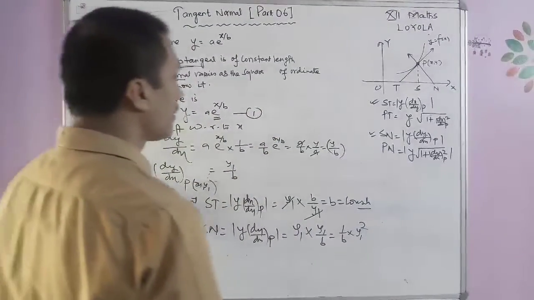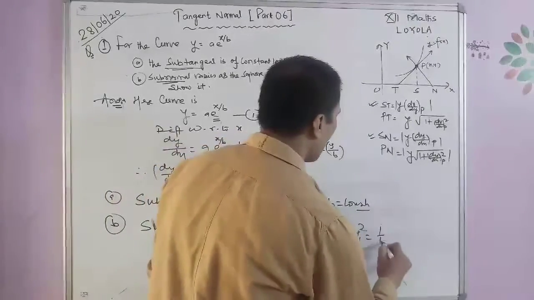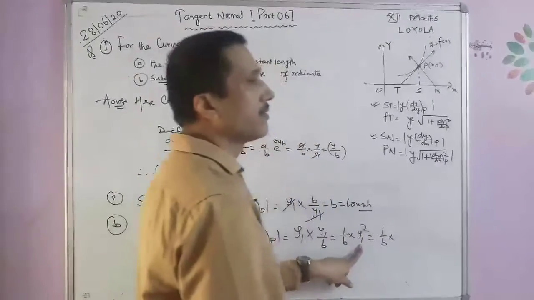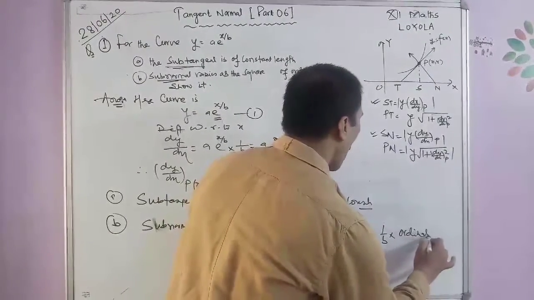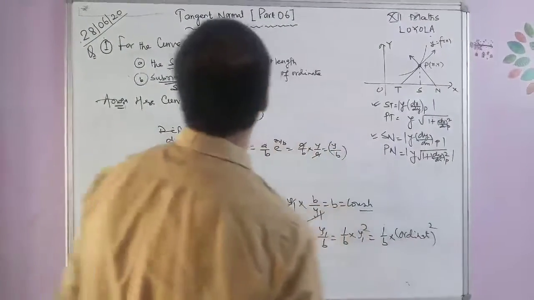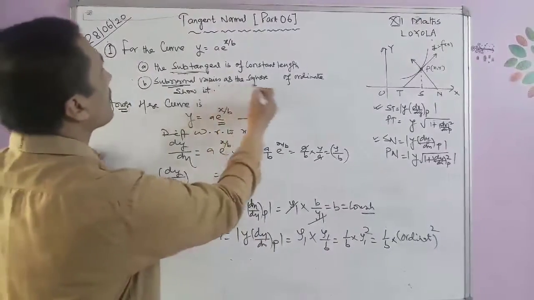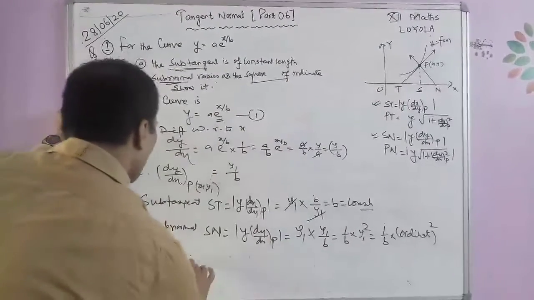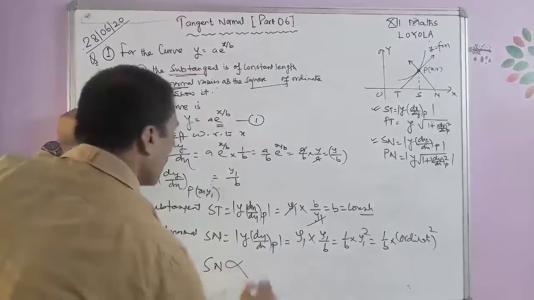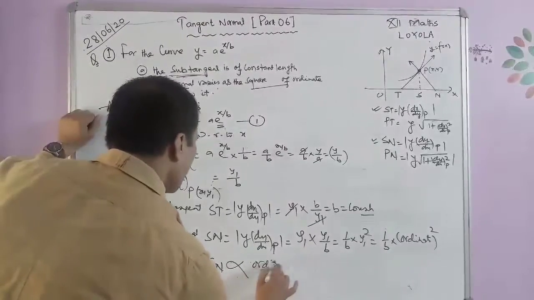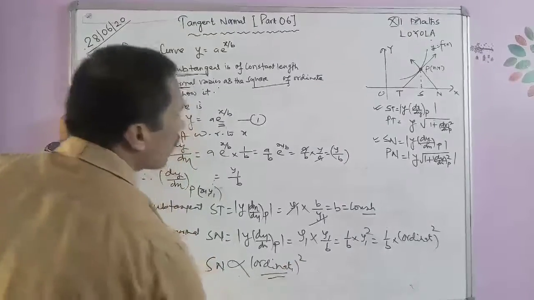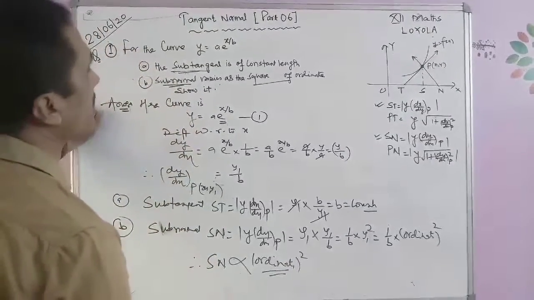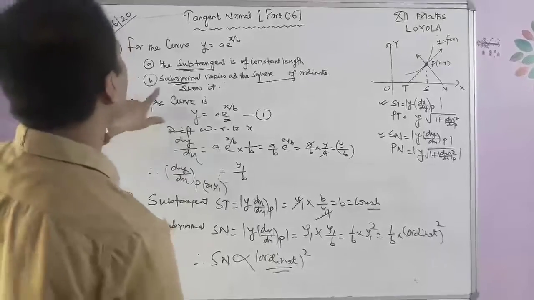Y1 square means 1 by b into the y coordinate of point P, or ordinate, whole square. Therefore subnormal varies as the square of the ordinate of the corresponding point P(x1, y1), hence the second result.